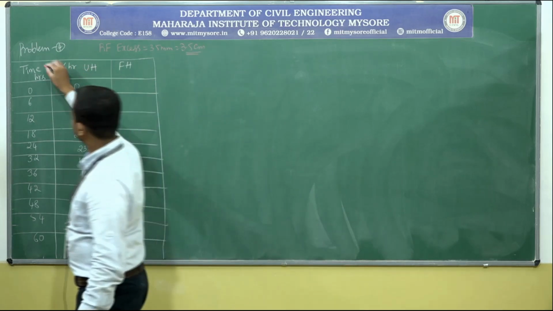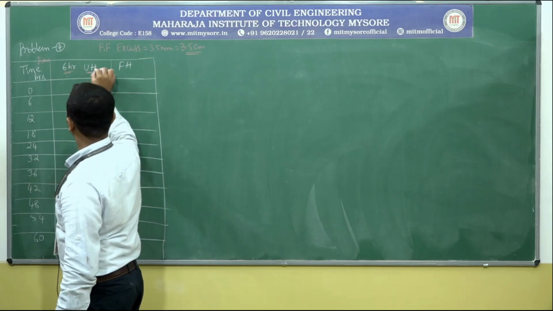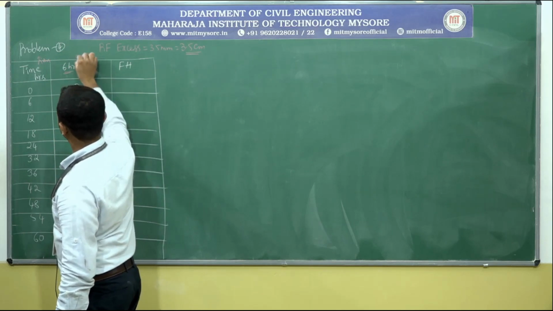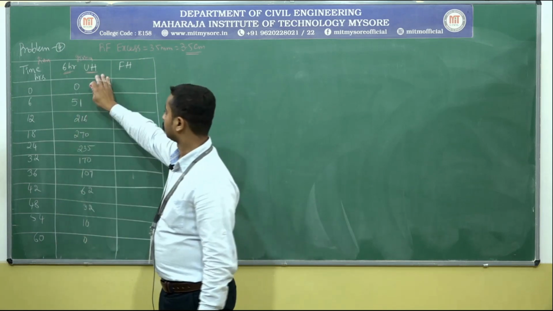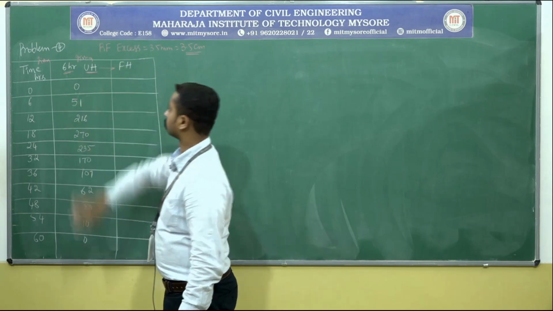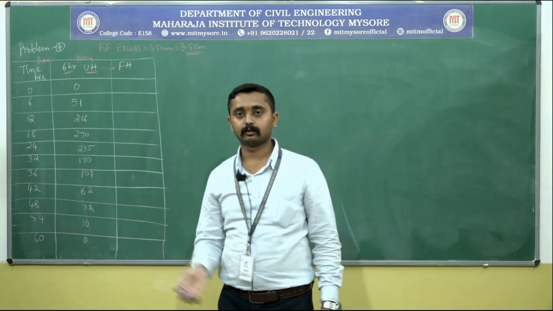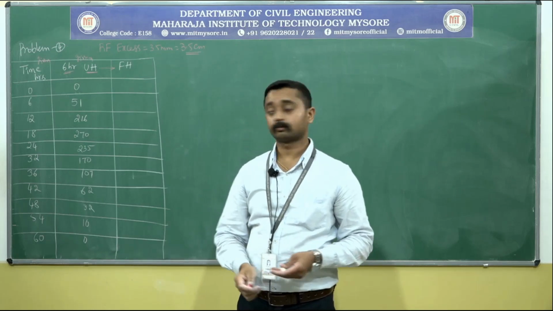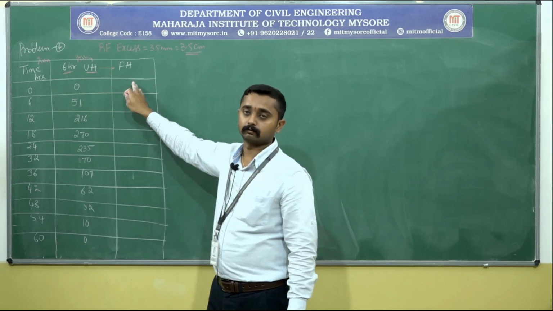Okay, time is given data. 6-hour unit hydrograph. This is unit hydrograph, given data, and we need to convert unit hydrograph into flood hydrograph. Just similar kind of problem we did in last 3 problems. Again the same thing. Convert the unit hydrograph into flood hydrograph. Very simple.